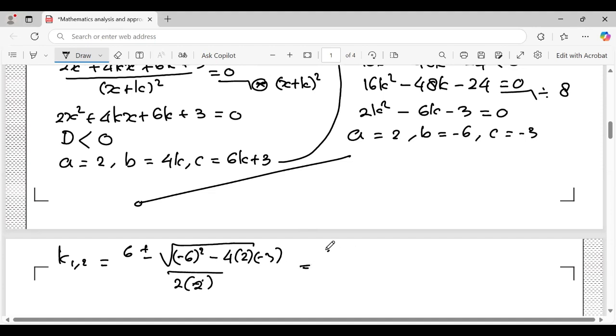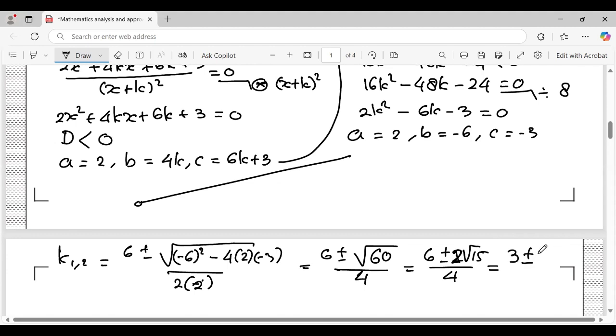And if you calculate, the result is 6 plus or minus square root of 36 plus 24, which is 60, and becomes 6 plus or minus 2 square root 15, over 4, and simplify becomes 3 plus or minus square root 15 over 2.